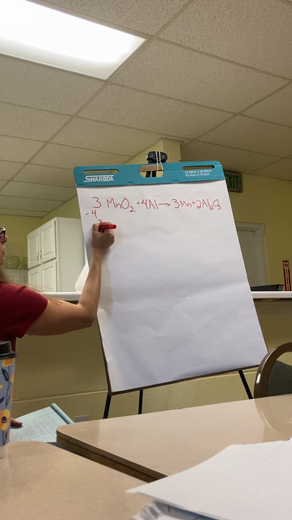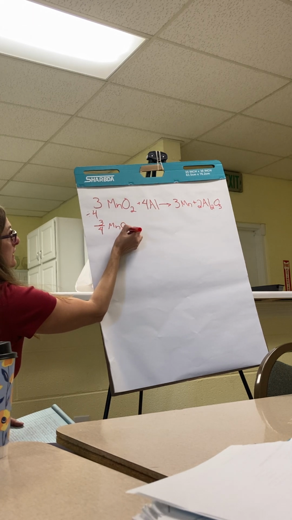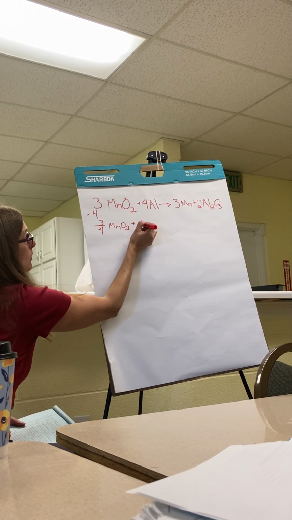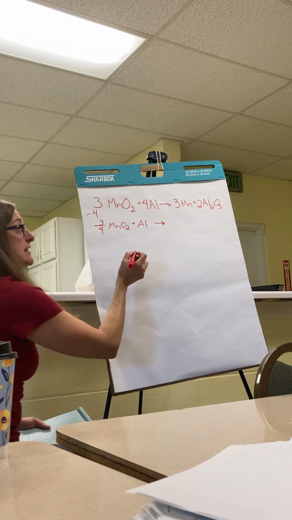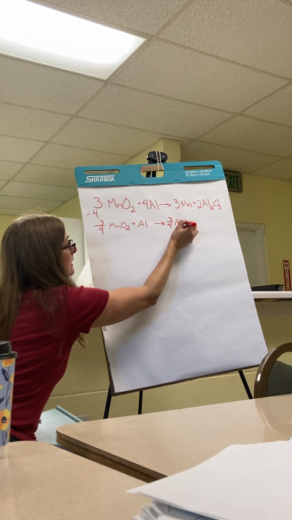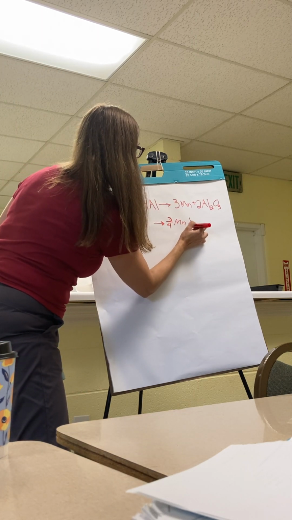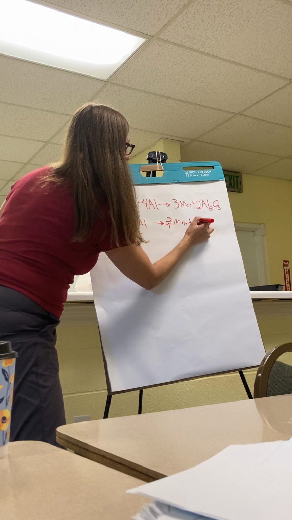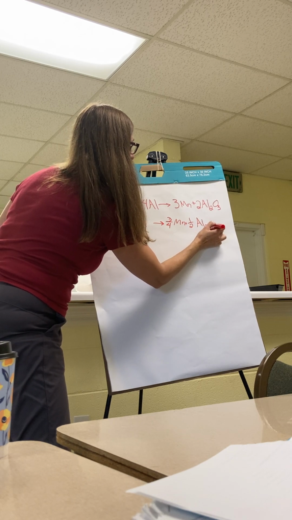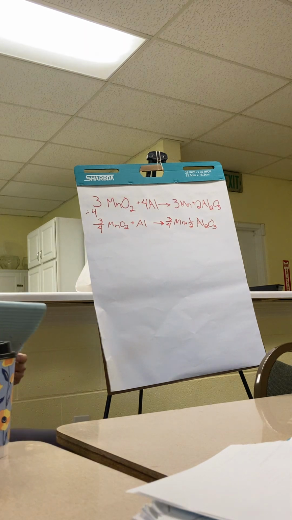Which would give me 3/4 a mole of manganese oxide. Only 1 aluminum. I'll do the same to the other side. 3/4 manganese. And then 1/2 aluminum oxide. What do you think of that?